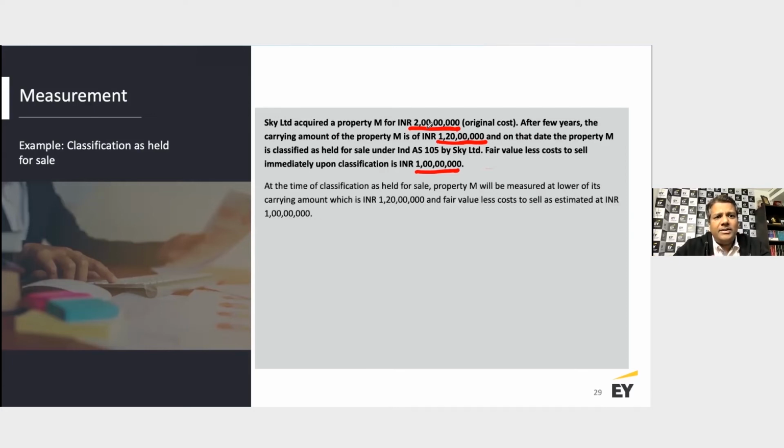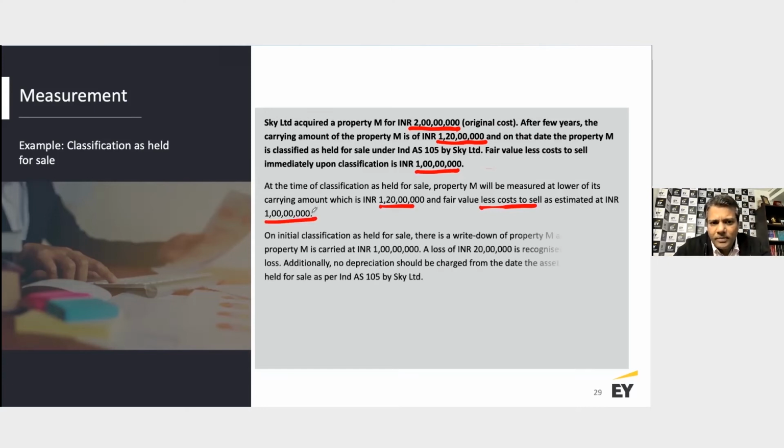Now, at the time of classification as held for sale, property M will be measured at the lower of its carrying amount, INR 1.2 crore, and fair value less cost to sell, INR 1 crore. On initial recognition as held for sale, there is a write down of property M, and accordingly, property M is now carried at INR 1 crore.